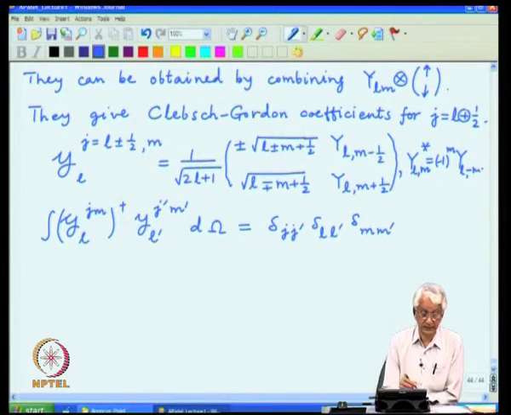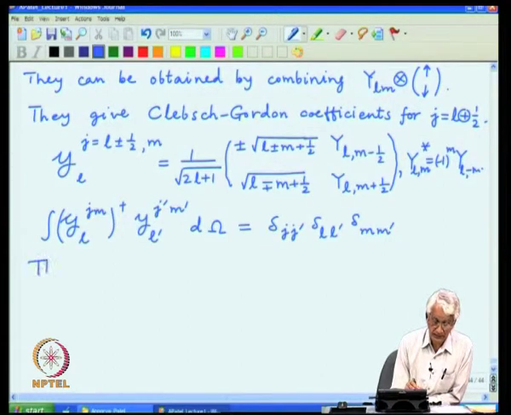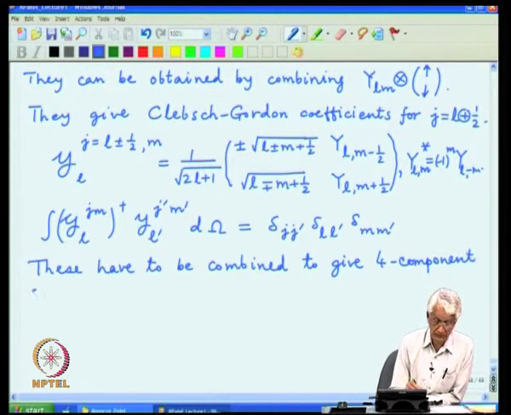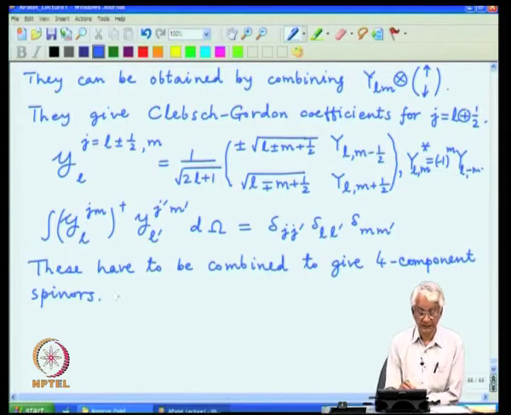So, this has to be now combined to give what we want as 4 component spinors.